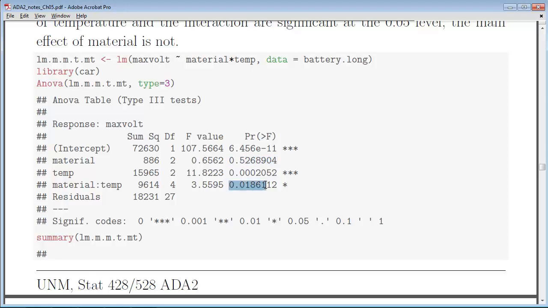But what the interaction is telling us is that the difference in voltage, let's say for a given material, the differences in temperatures depend on what material you're using. So that dependency is what makes the main effects less interesting to interpret.